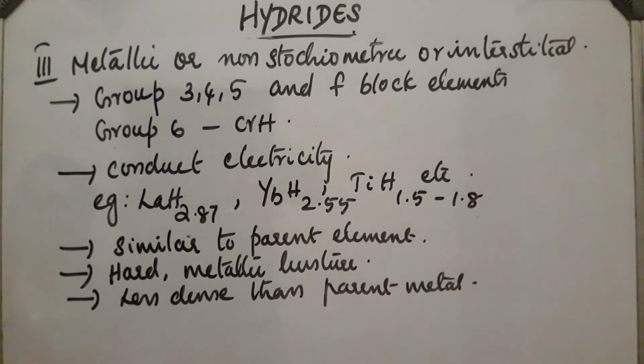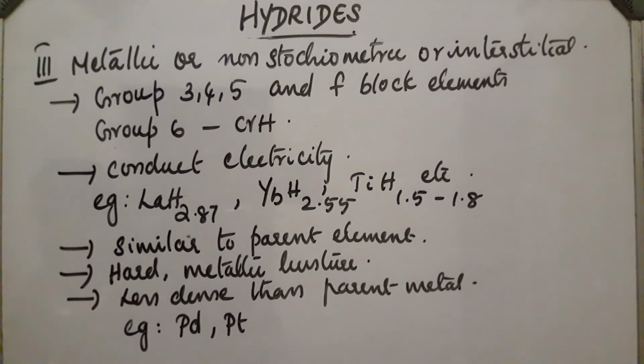Okay, transition metals have the property of absorption of hydrogen. Example, platinum and palladium. These are used during hydrogenation and catalytic reduction, because they have the property to absorb hydrogen, which is used in catalytic reduction and hydrogenation reactions.